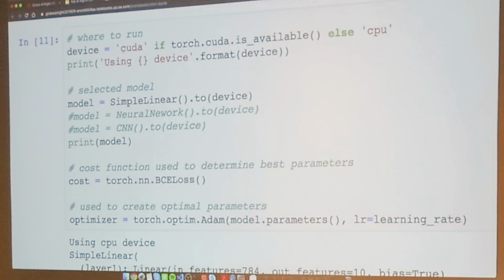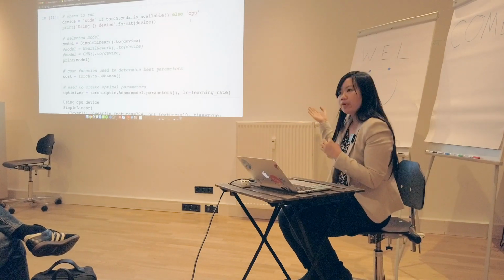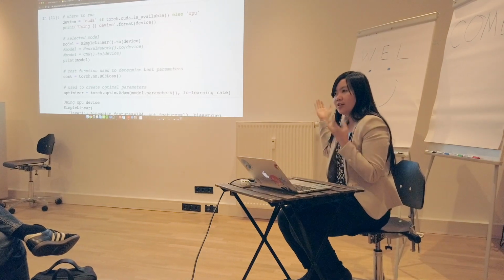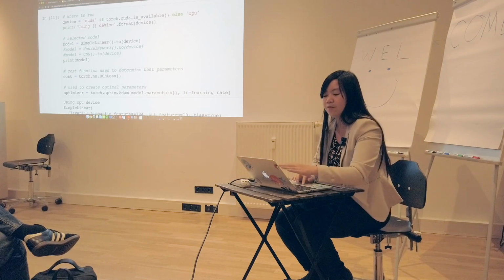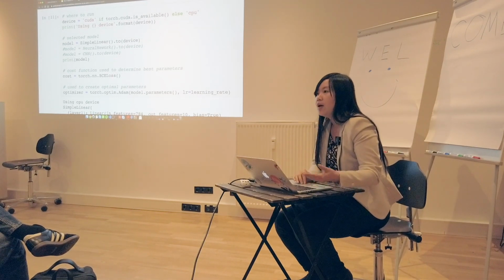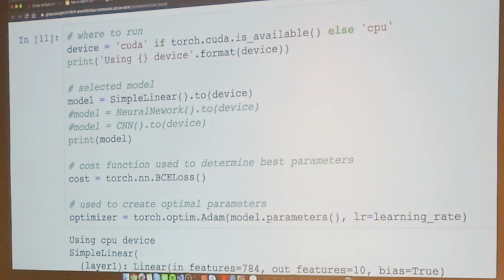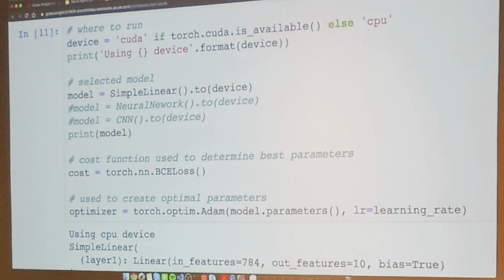Device could be a computer with GPU or CPU. As I mentioned, on the Azure Notebook we only have CPU, right? So in this case, even if I run the device as CUDA here, it would tell me, sorry, I only have CPU power here.